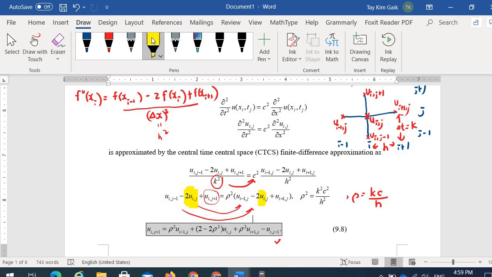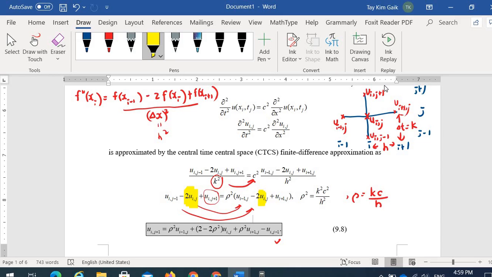A 5 point formula, but involving 3 levels. With 1 times uij plus 1, if you look at this molecule here, 1 times uij plus 1 equals your left center level, which is rho squared, and the center middle level, which is 2 minus 2 rho squared, and here ui plus 1j, which is rho squared.